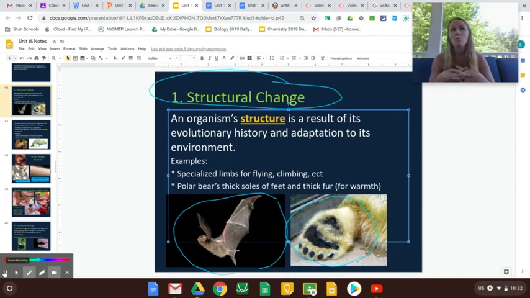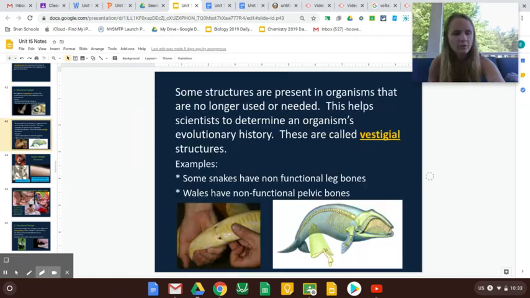Again, it's not that one polar bear decided I need tougher feet. It's that over generation after generation, the polar bears that were born with thicker soles on their feet, just by some mutation or some shuffling of genes, were better adapted, they fit better, and so they survived better, they reproduced, and they passed on those thick-soled feet genes.